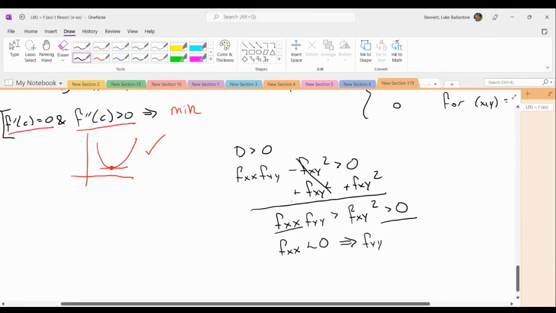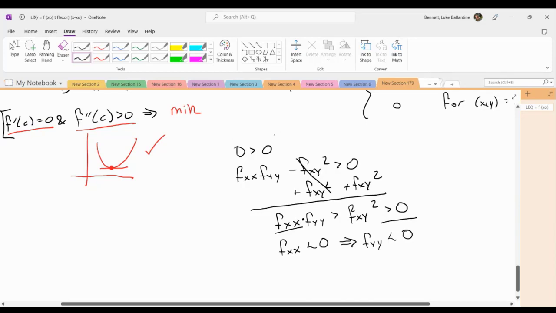So if this is negative and this product is greater than 0, then fyy would have to also be less than 0, because two negatives multiplied together make a positive. If fyy were greater than 0, then this product would be negative, and then we would have a contradiction with the fact that it's greater than 0.